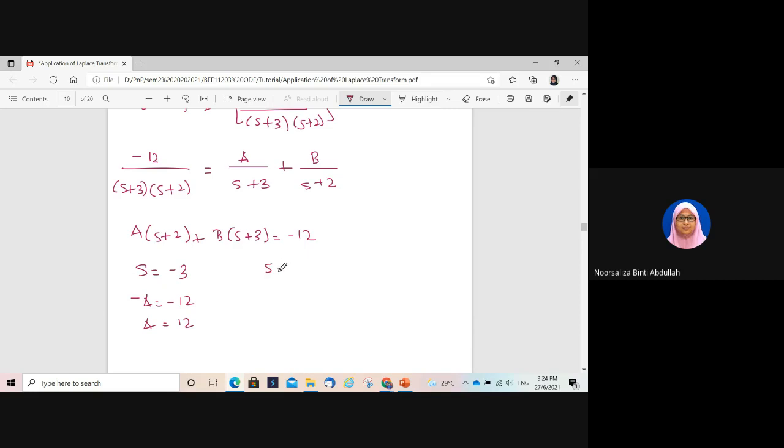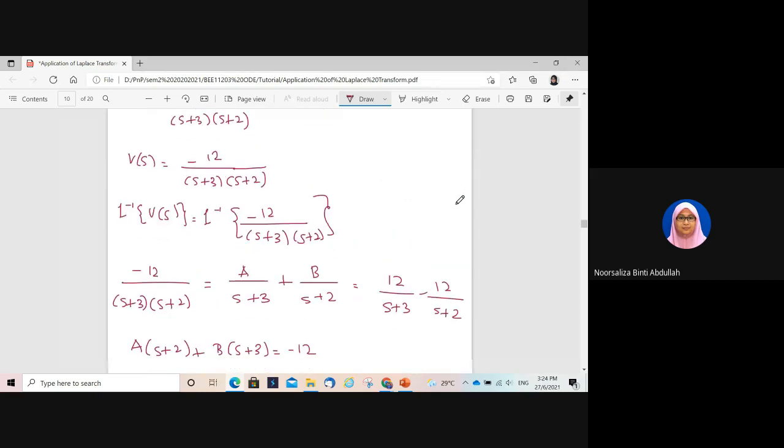If s equals to minus 2, a equals to 0, b equals to negative 12. Okay. So you masukkan balik dekat sini. So you have a 12 kan? So 12 over s plus 3 minus 12 over s plus 2.